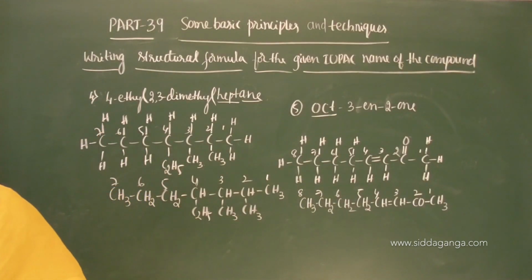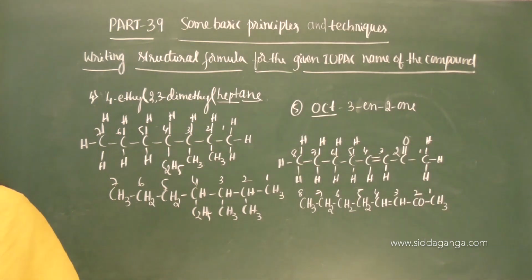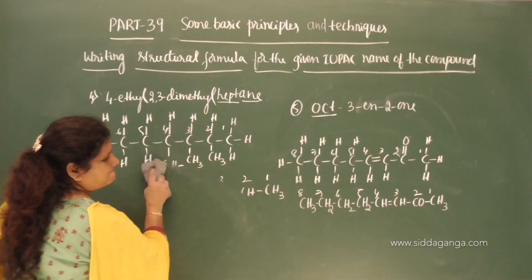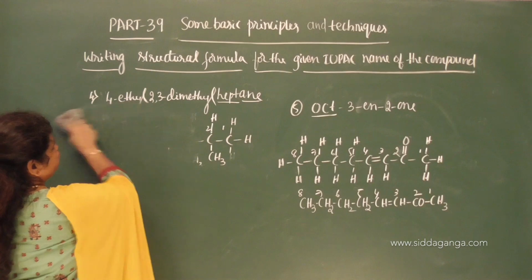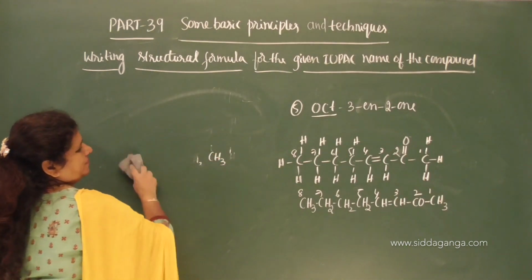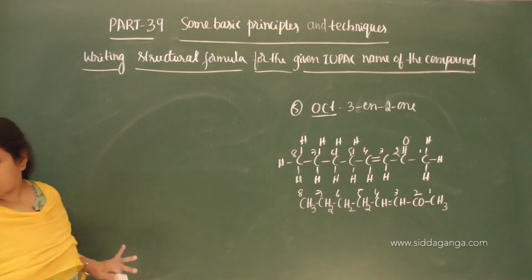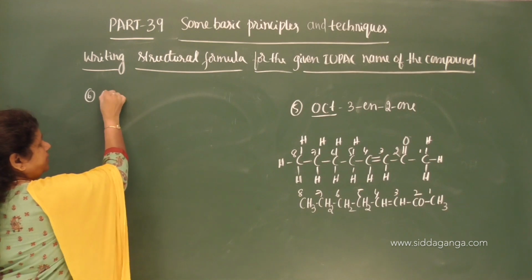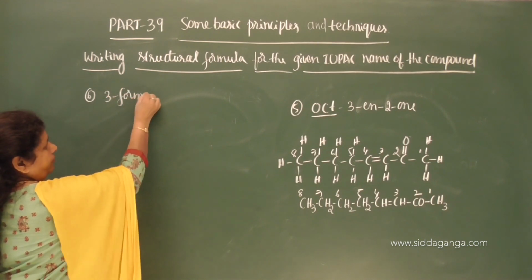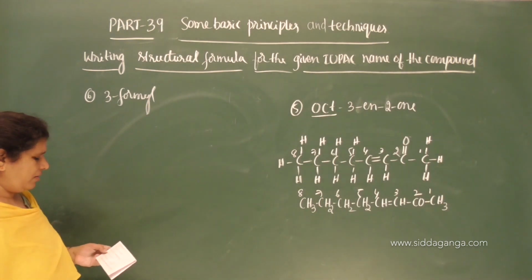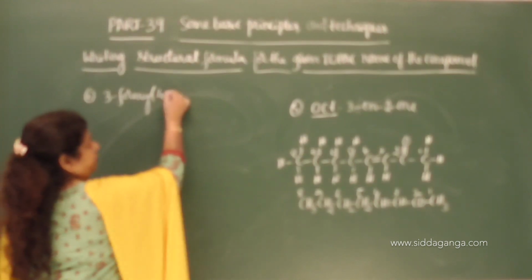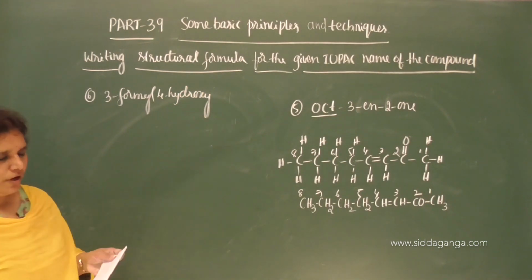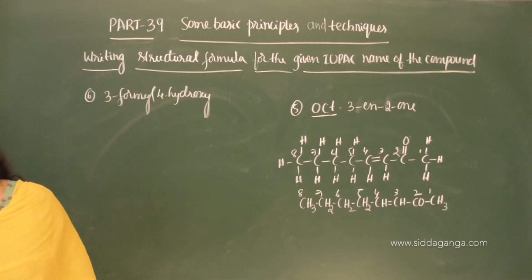Okay. Now, let us move on to one more example. The last example, the sixth one: 3-formyl 4-hydroxy heptanyl chloride.